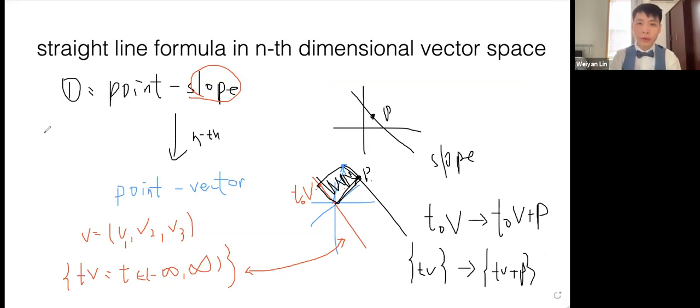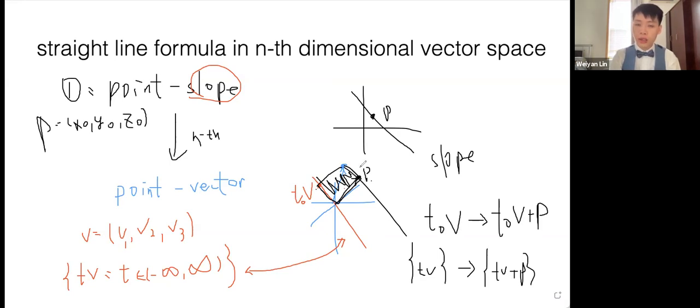So for example, your point P has coordinates x0, y0, z0.